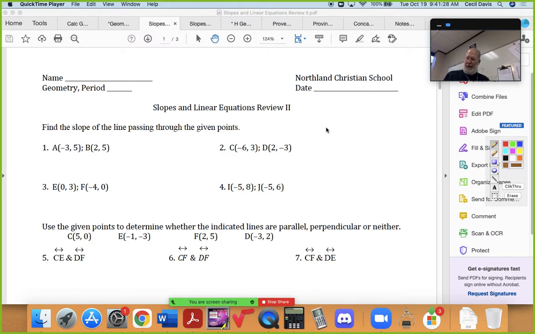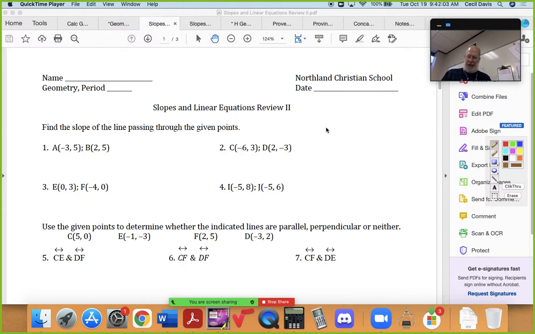Number 11, y equals 3x minus 5. Number 12, y equals negative 5/3 times parentheses x plus 3 plus 2. Number 13, either y equals negative 6/7 times parentheses x minus 2 plus 5, or y equals negative 6/7 times parentheses x plus 5 plus 11.